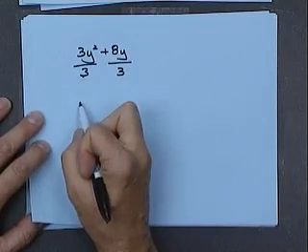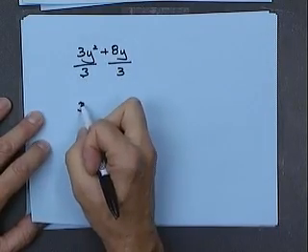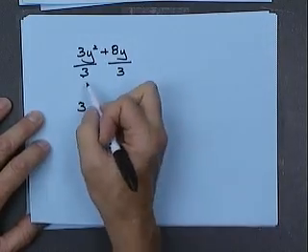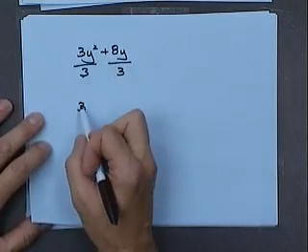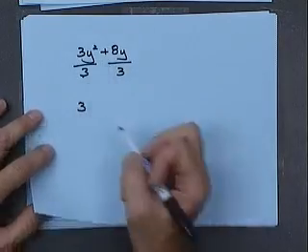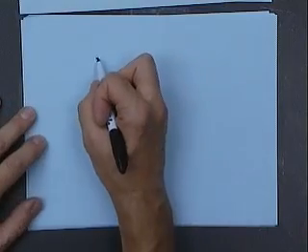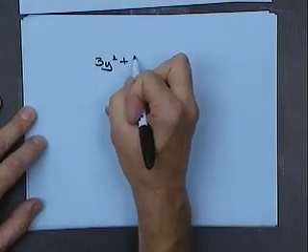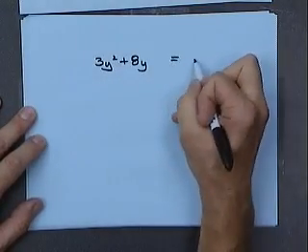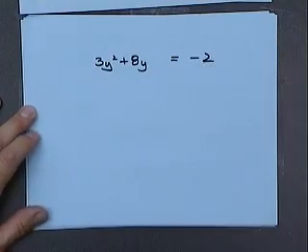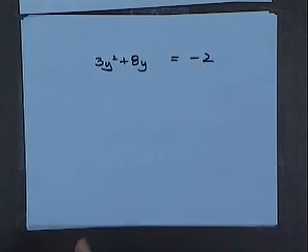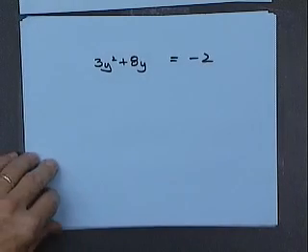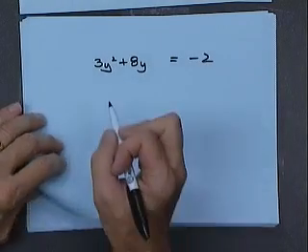Let me start again with an equation, because we're going to have to do the same thing to both sides. I want to divide by 3, but I can't unless I divide both sides by 3. Let's factor out a 3.